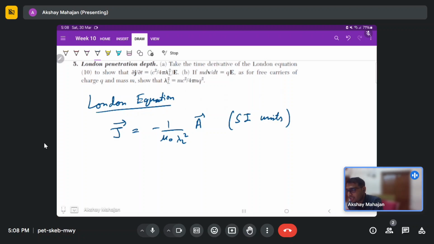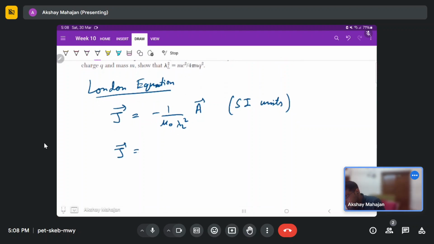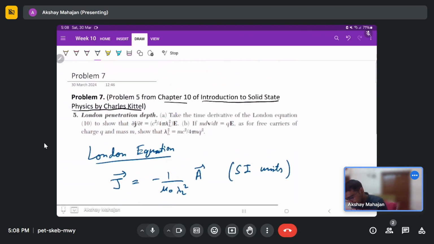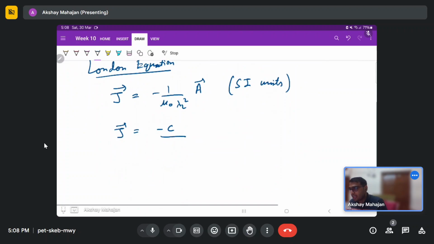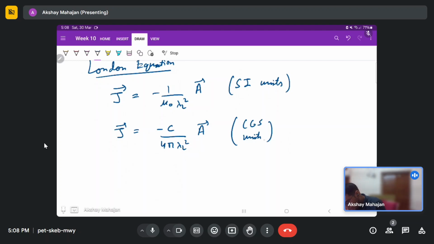In CGS units, the same formula is given by J vector equals minus c divided by 4 pi lambda L square times A vector. I'm using capital J, though in the problem I guess it is small j. We are going to use this one within CGS units.